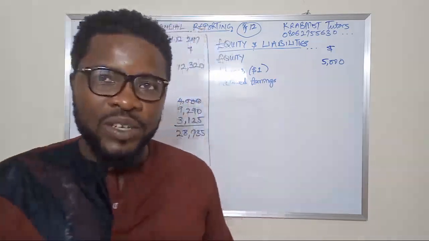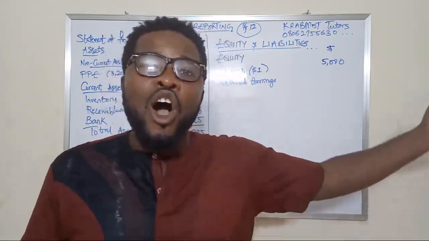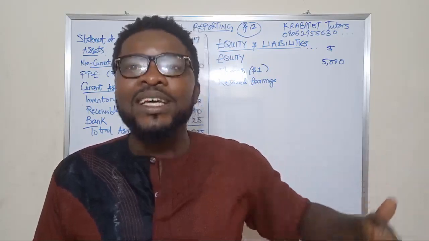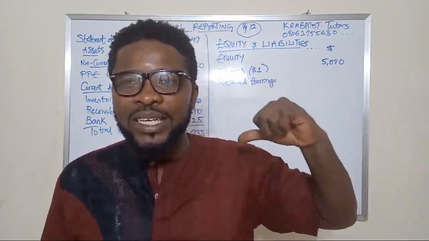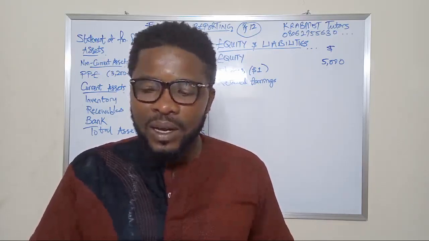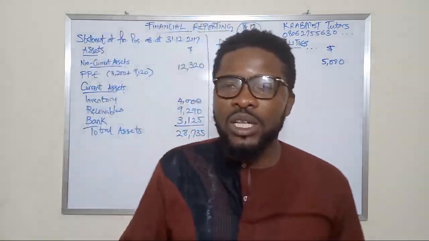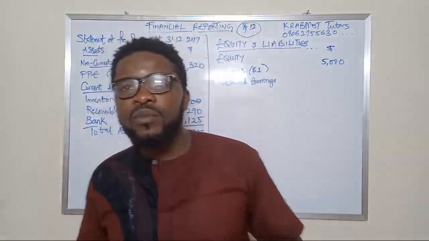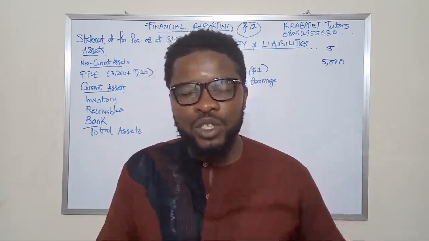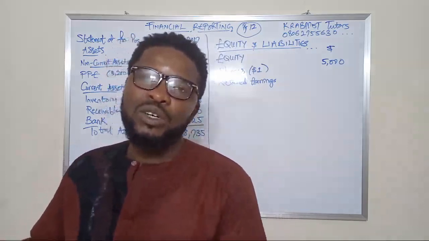In terms of the format, retained earnings is all the amount of profit which you have been making all this while, including what would be there after you have finished doing your statement of profit and loss. Now, that wasn't too clear, but I'll explain that. We are doing our statement of financial position, and we are also doing our statement of profit and loss and other comprehensive income.